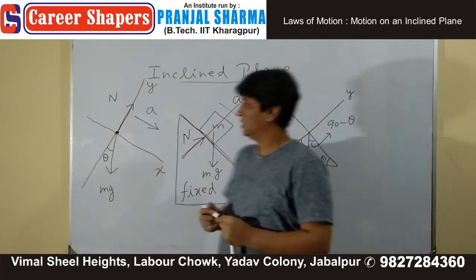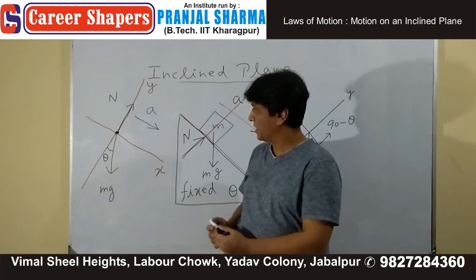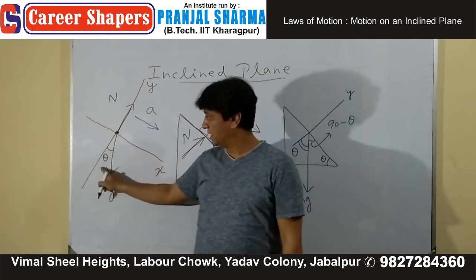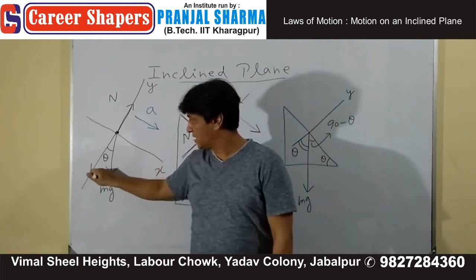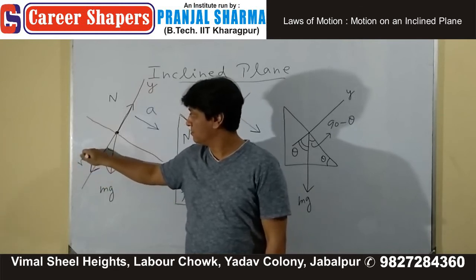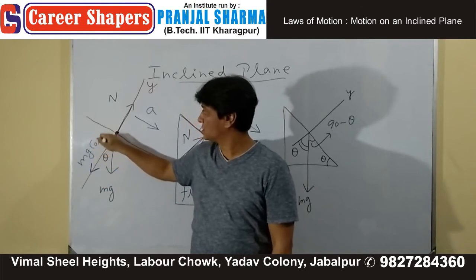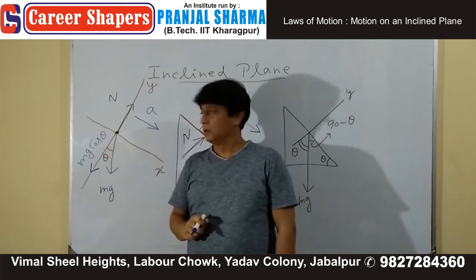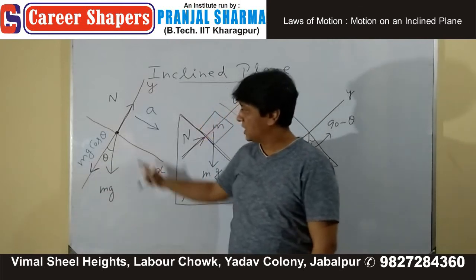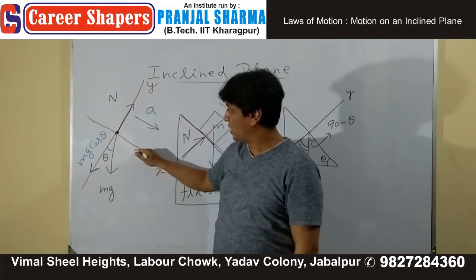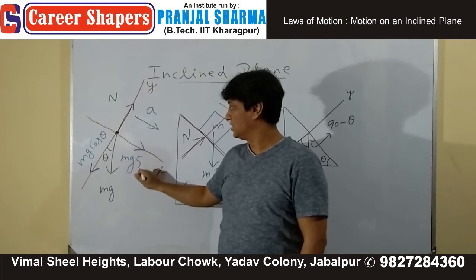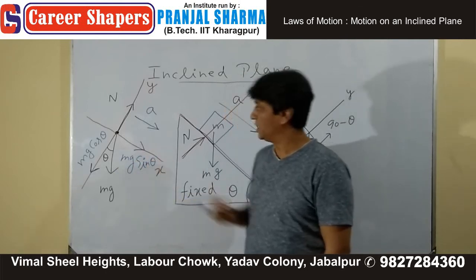Now what? यहां देखो. ये जो mg है, इस mg का थीटा मतलब इस तरफ कंपोनेंट क्या बनेगा? mg cos थीटा. किसी भी वेक्टर का अपने से थीटा पर कंपोनेंट क्या होता है? mg cos. This is mg cos. Then what about this component? This component is mg sin theta.